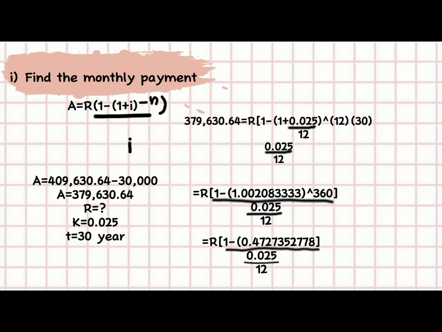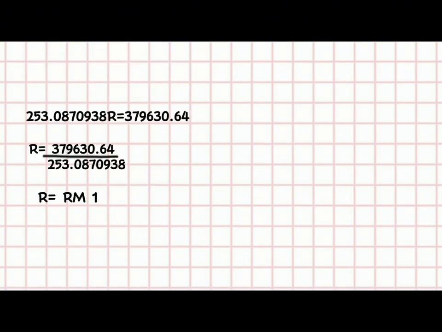After listing down the information, we need to see which formula is best to use. Mine is A equals R bracket 1 minus bracket 1 plus I bracket power minus n bracket divided by I. Then we put the information into the formula, solve it with algebra, and the answer is RM1,500.